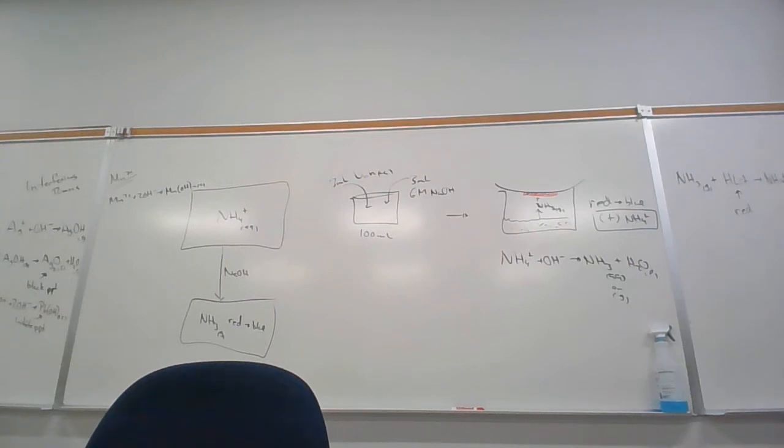So to the 12 milliliters of cation mixture, which contains ammonium, silver, lead, barium, and manganese, it's going to contain all these ions. We're going to go through this flow chart here.